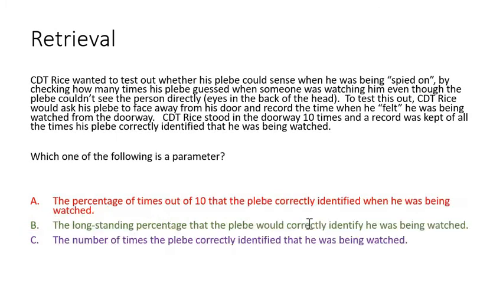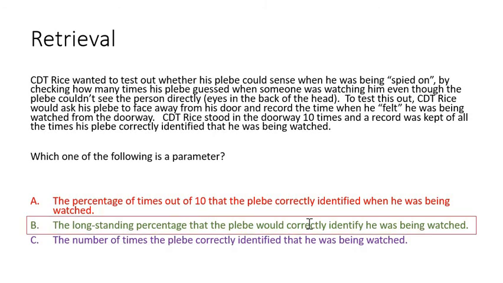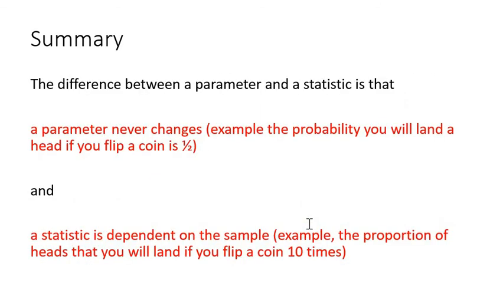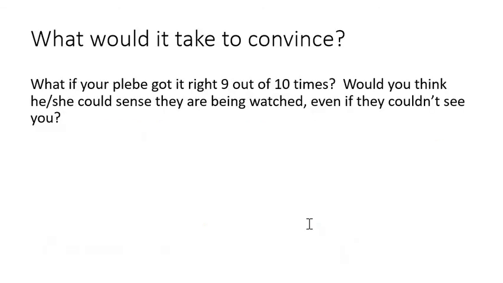What would you be comfortable with? A parameter is the number of times that you actually stood behind the person. So that's the actual true mean. A parameter never changes. It's the true thing. A statistic is dependent on your sample, how many times you got it right when you ran it 10 times.